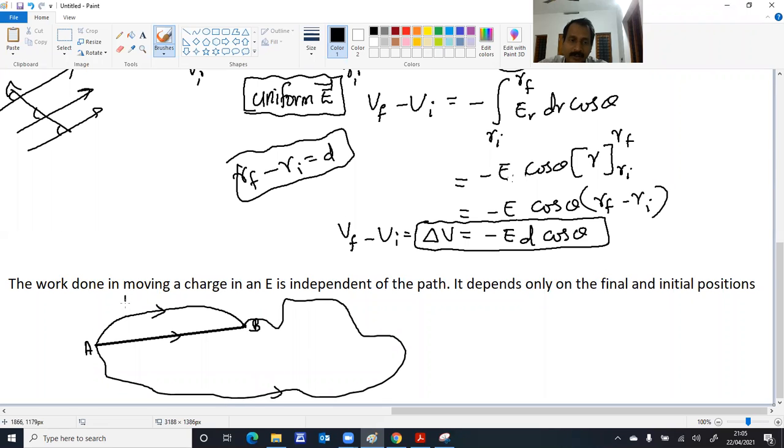So this is work 1. This is work 2. This is work 3. So which one is more, which one is less? It's all same, sir. In all the cases work done is the same since the initial point and final point are same.